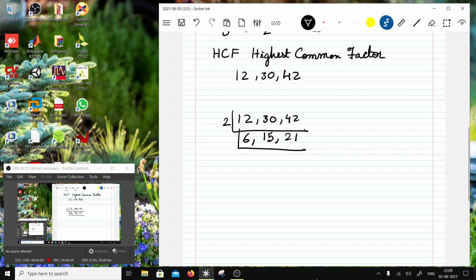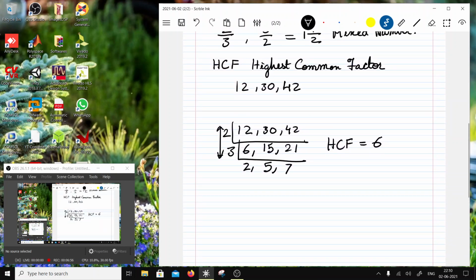Now in this case I can also divide by 3. So this becomes 2, 5, and 7. Now nothing further is common between these three numbers. So the HCF is going to be equal to 6.